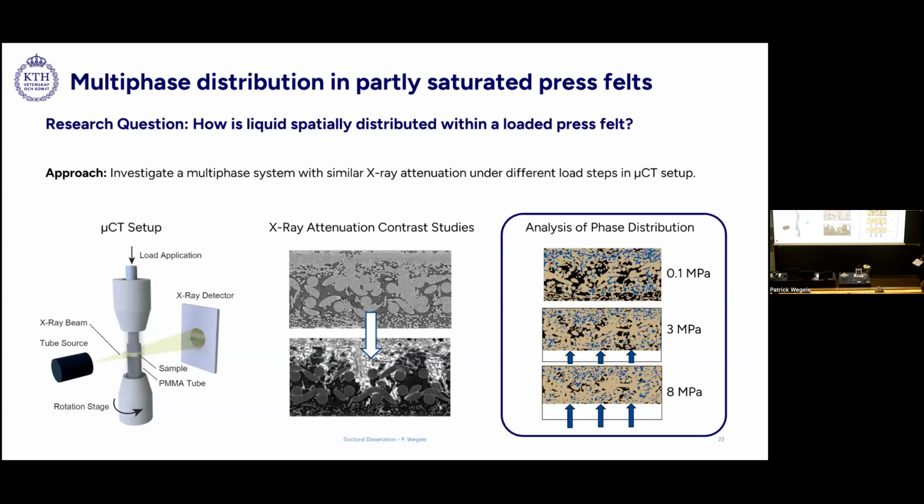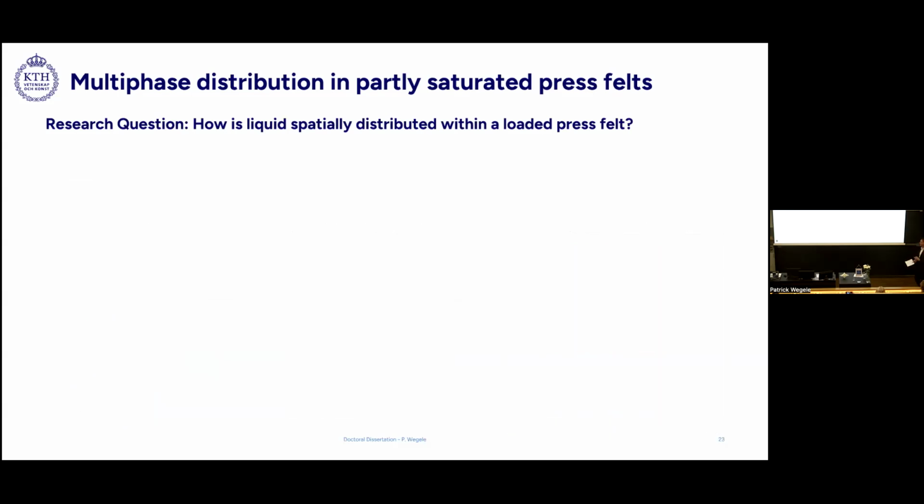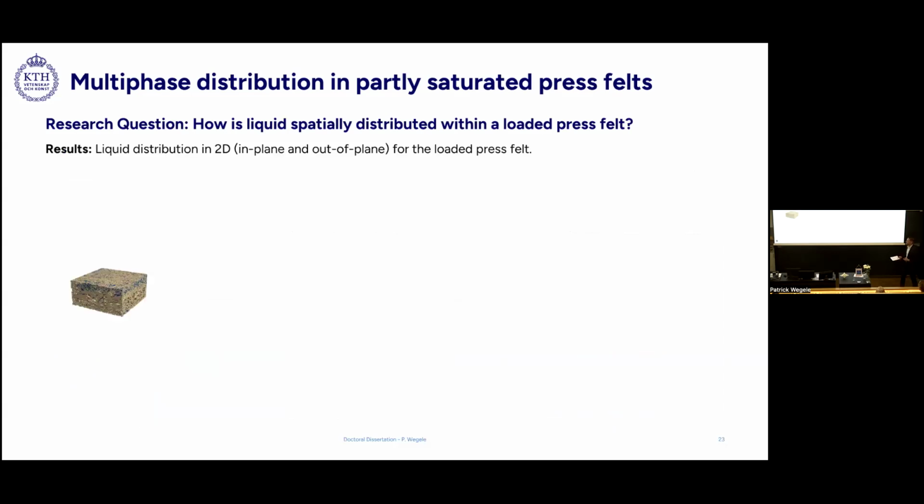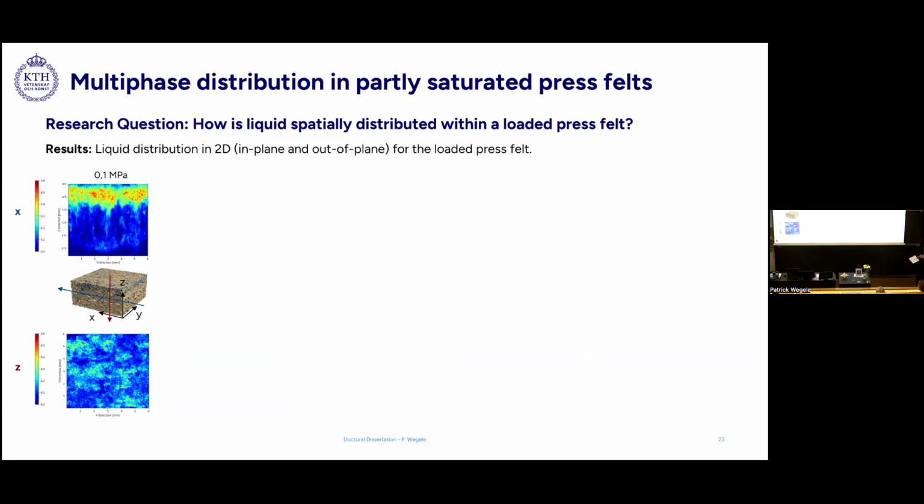So let's have a look at the results. And even though we have the full 3D spatial information, I want to focus this result presentation on the 2D case, by projecting the liquid densities on the in-plane and out-of-plane surface. So if you look at the unloaded case at 0.1 megapascal, for the out-of-plane direction, so for this plane, you see that the liquid is more or less bound in the top batt fiber layer.